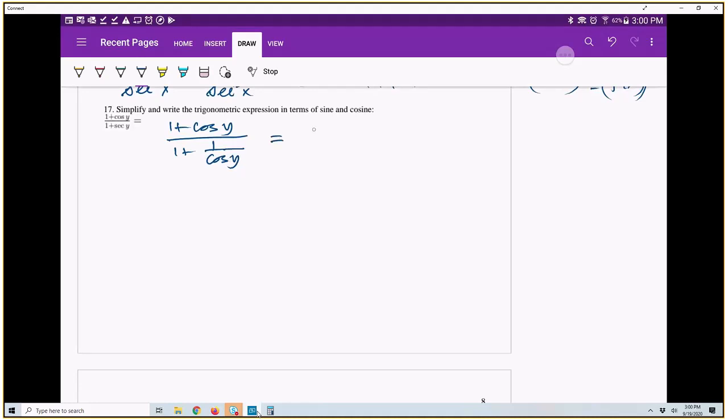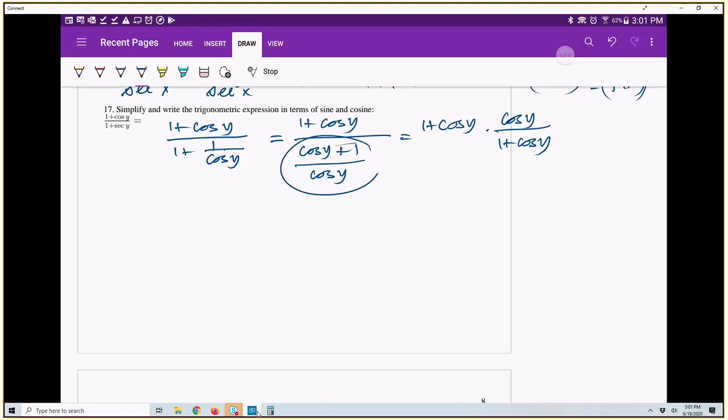Common denominator again, so write it as 1 plus cosine y over cosine y plus 1 over cosine y. Then dividing by a fraction, so 1 plus cosine y times cosine y over 1 plus cosine y, the reciprocal of the bottom fraction, cancel the similar terms, and your answer is cosine y. And you're done.